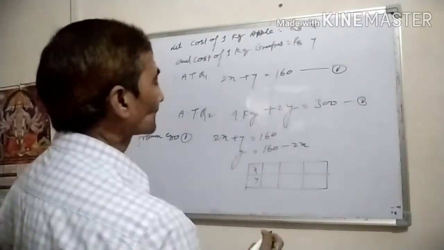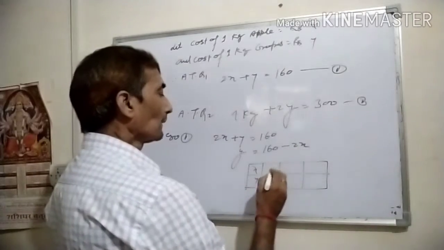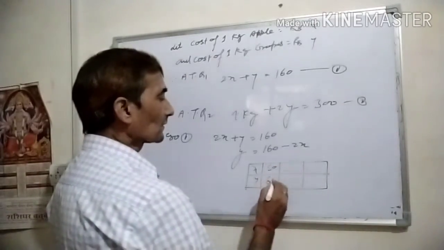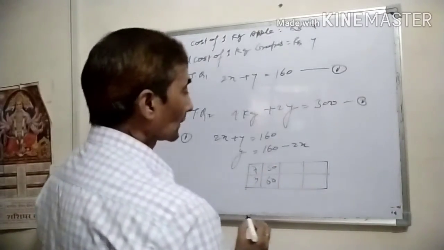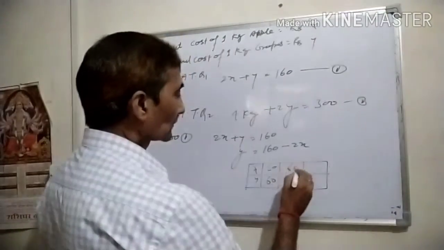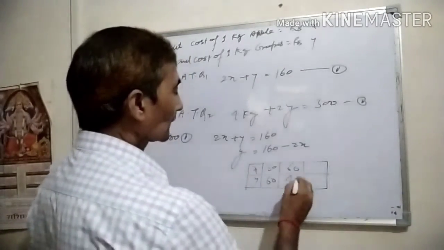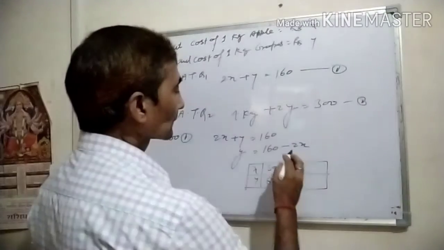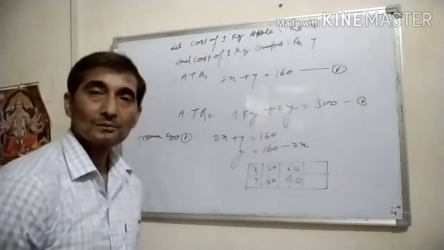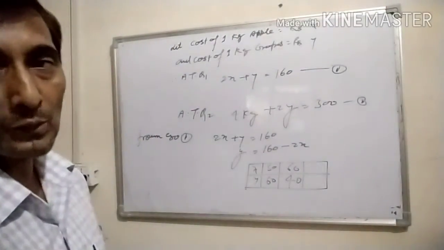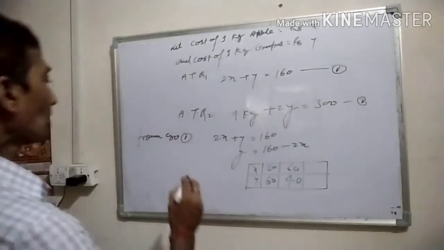Data prepared: 50, then 60; 60, then 40. Two points are sufficient for sketching the graphical representation.